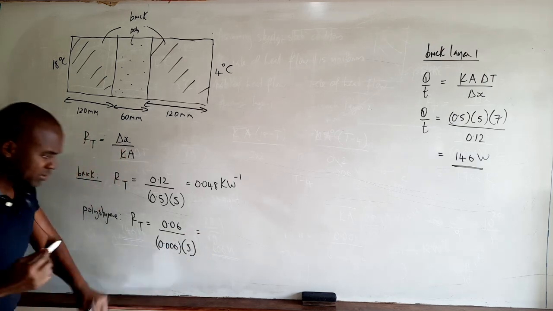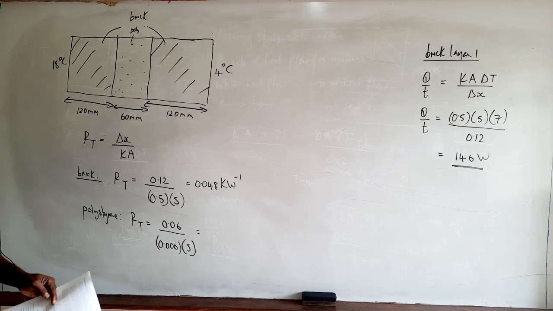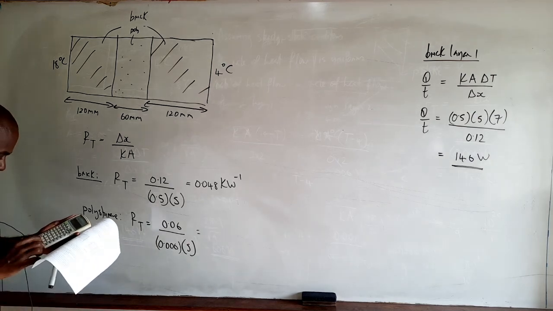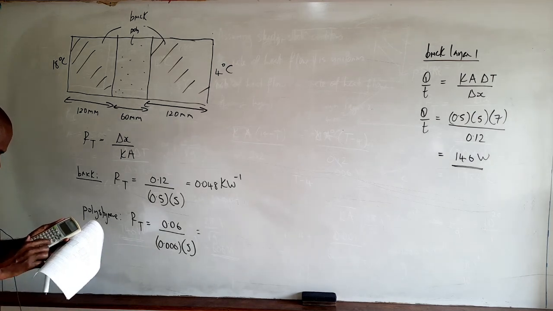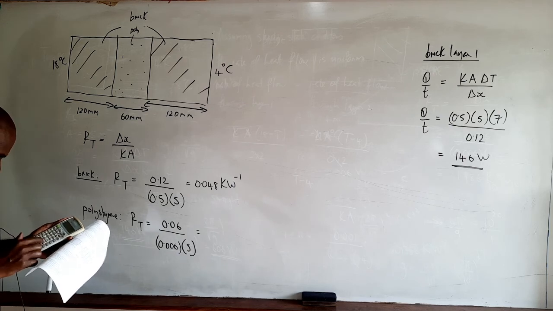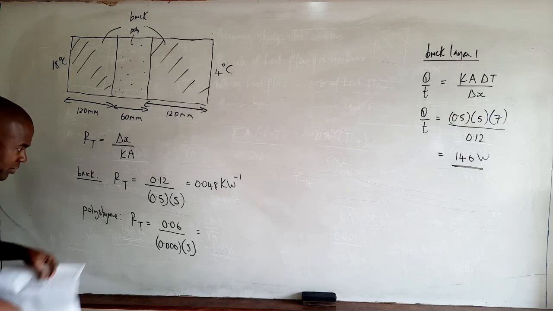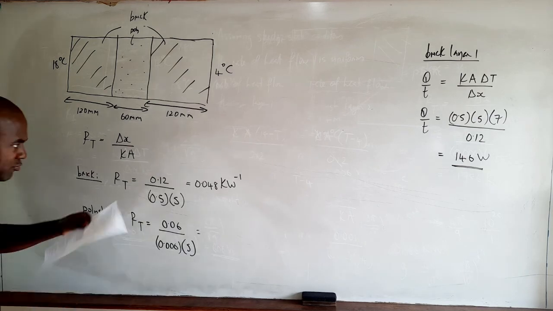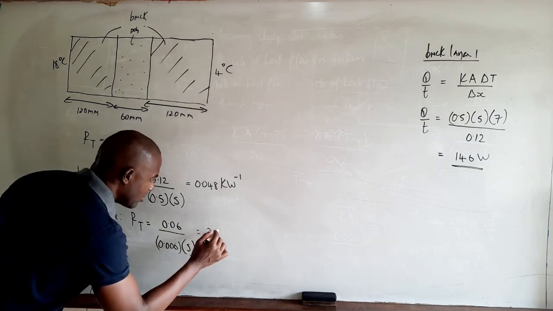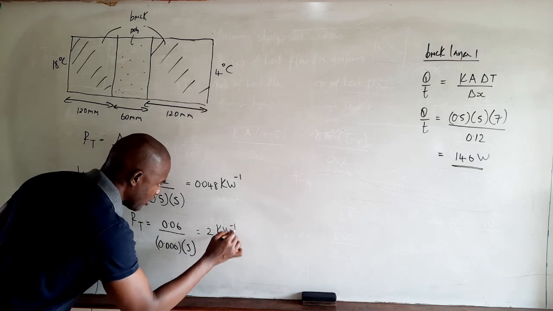And so that gives us 2. So this has a thermal resistance rather of 2 Kelvin per watt.